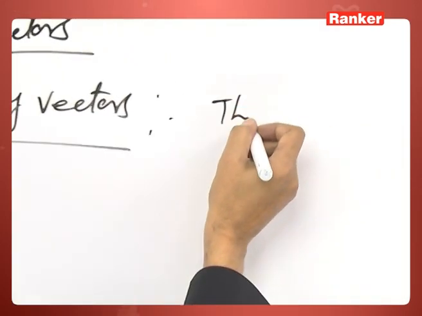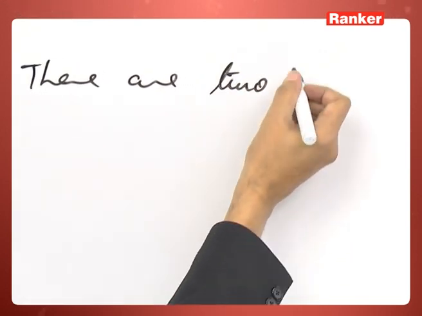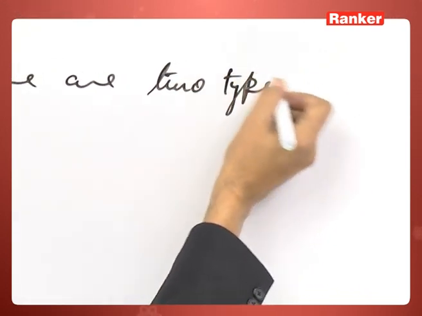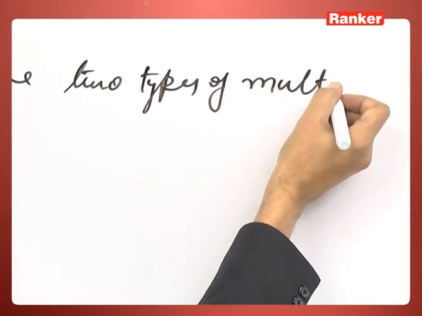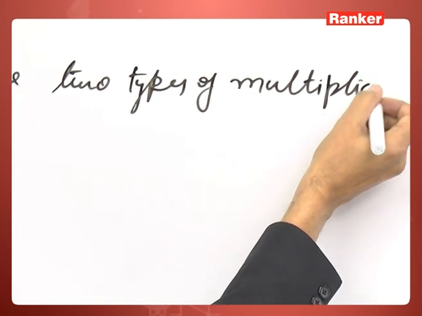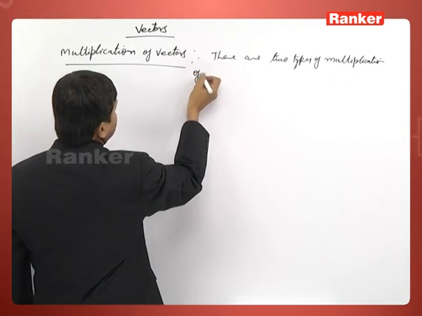There are two types of multiplication of vectors.